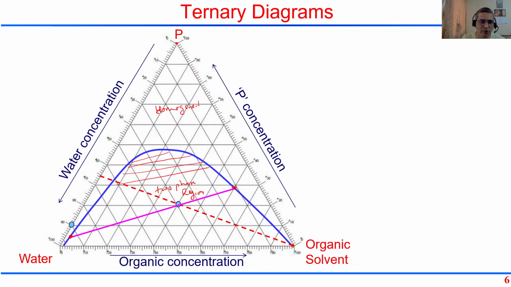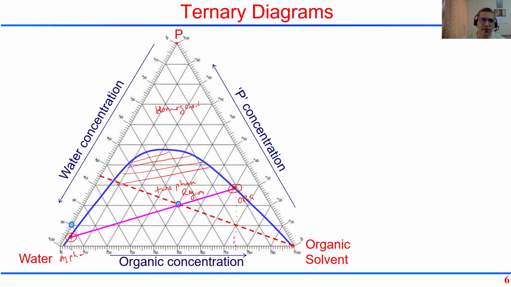So this is the concentration of P in the aqueous phase, the water-rich phase, and the concentration of P in the organic phase, the organic-solvent-rich phase. These two concentrations are in equilibrium, and they are joined by a tie line.